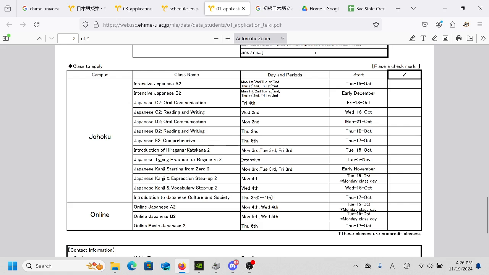For me, I'm taking Japanese C2 oral communication and reading and writing. I think these are the equivalent of maybe 2A, 2B. Oral communication is just giving a 1-minute speech every week.